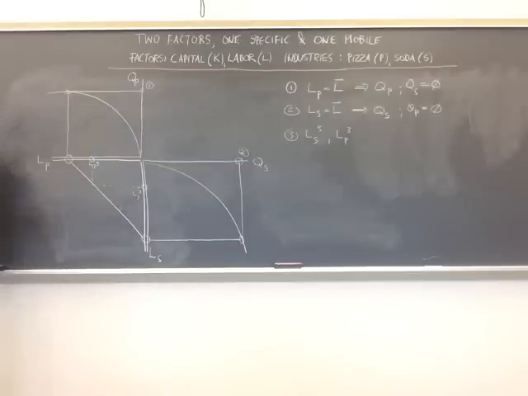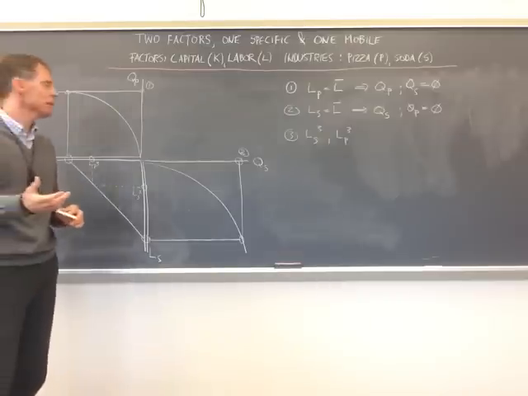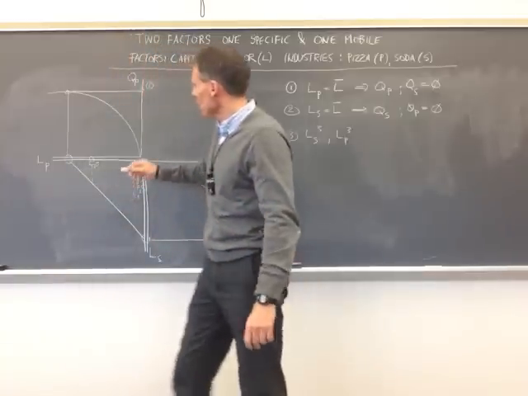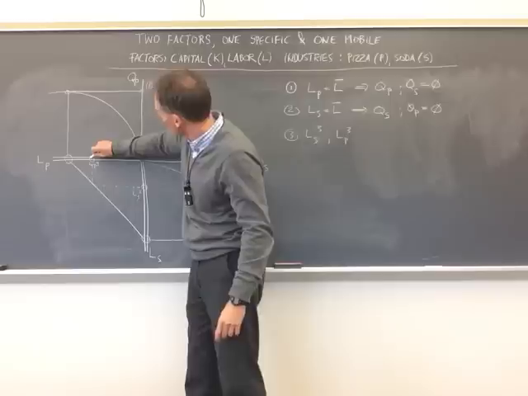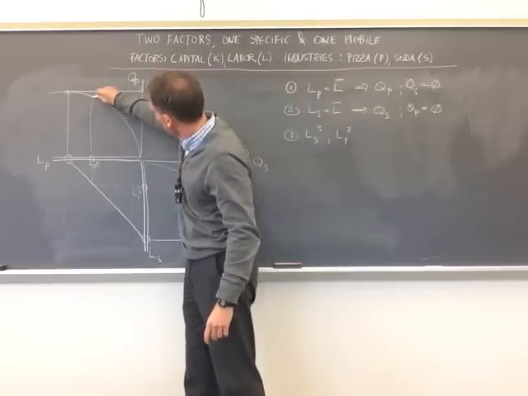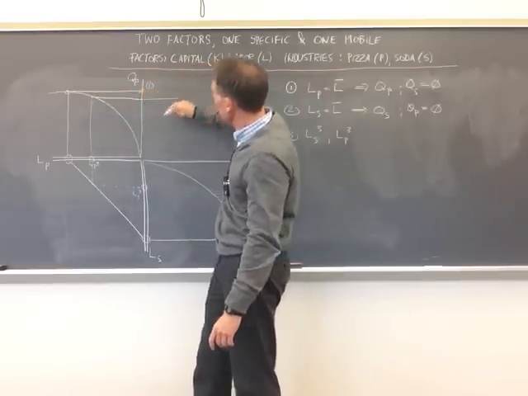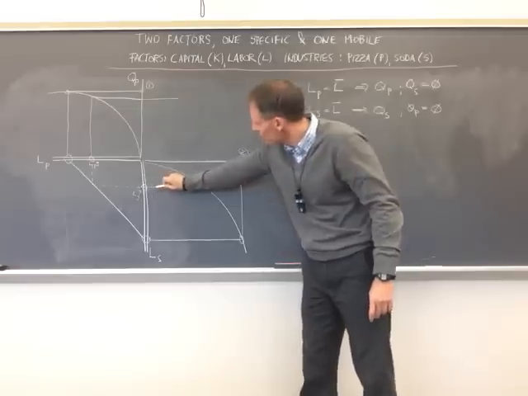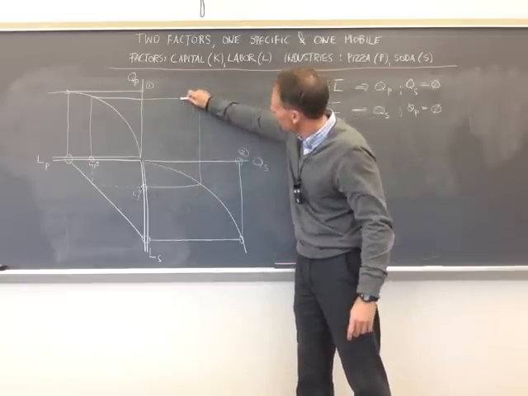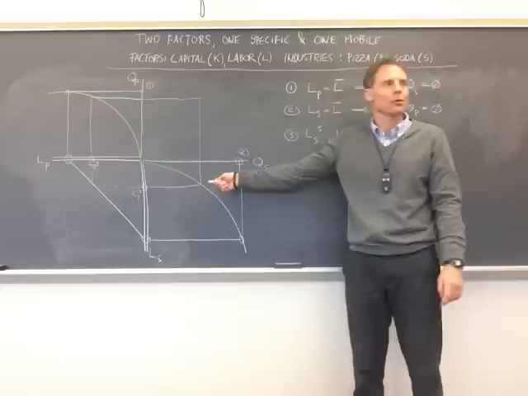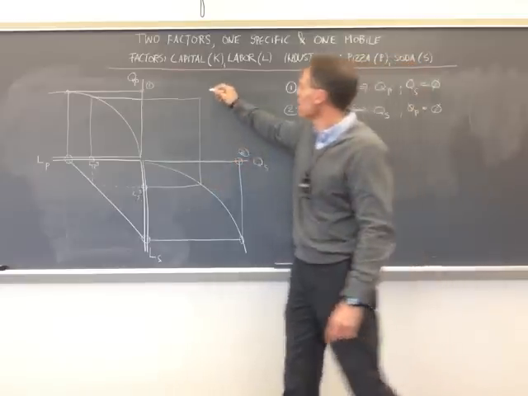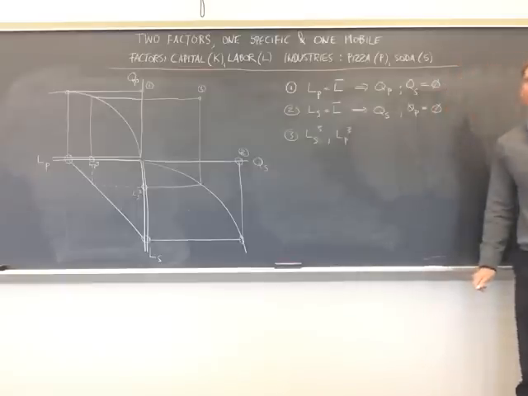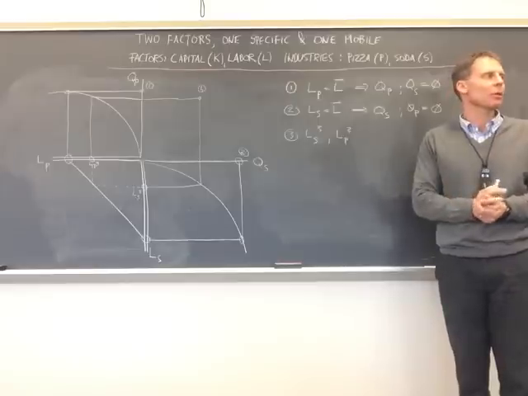And we remember that output in these two industries are completely determined by the amount of workers in the two industries. So once you know how many workers are in the pizza industry, you can go up and figure out how much pizza will be produced. And you can do the same thing for the workers in the soda industry. And that many sodas and that many pizzas is another possibility that this economy could be producing.